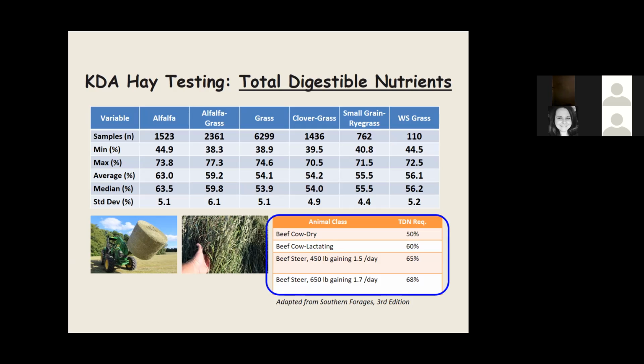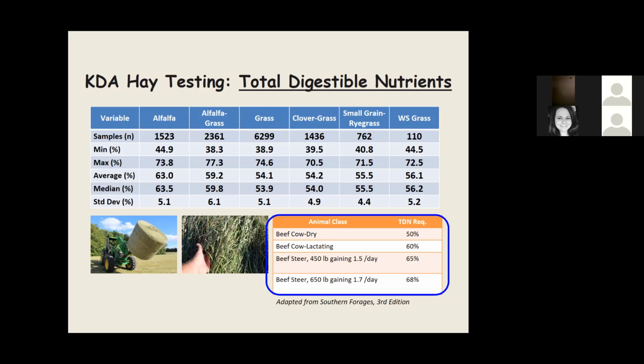The higher the TDN, the better. That's where we're looking for the higher numbers to get more nutrients as compared to the other measures. So beef cows that are dry with a 50 TDN, that's going to meet most of their nutrient requirements. A lactating cow, on the other hand, is going to need a TDN of 60%.